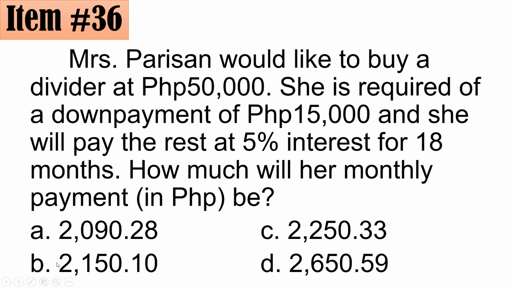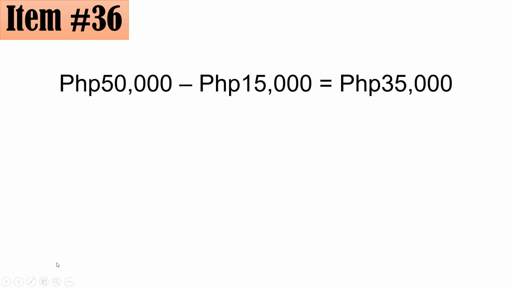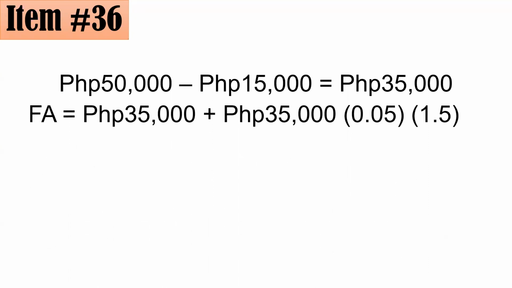Now, ito po. Take note na according sa problem, nag-down payment na siya ng 15,000 pesos. So, it means to say na may balance pa siya na 35,000 pesos. Di po ba? And take note, kung magkano lang po yung balance niya, yan lang po ang bibigyan ng interest.